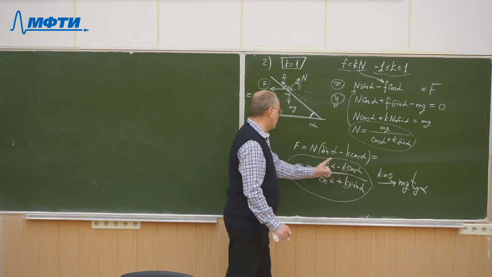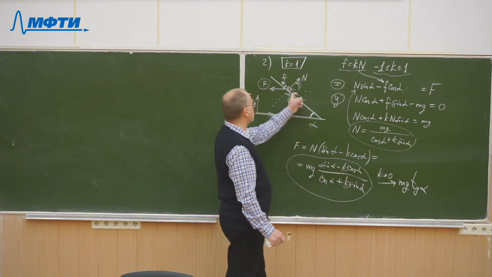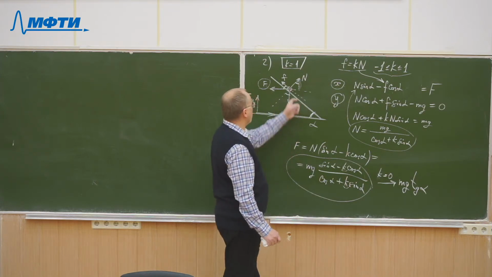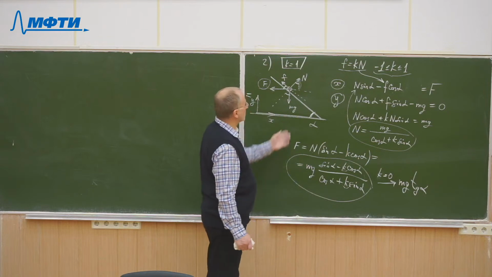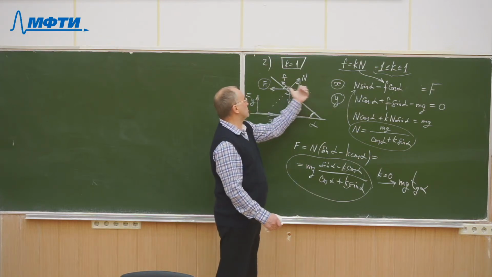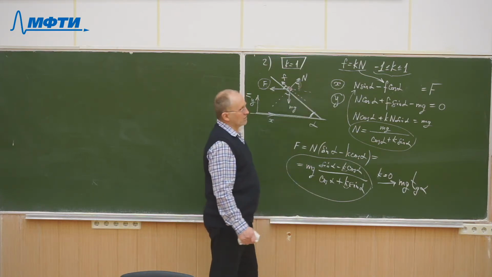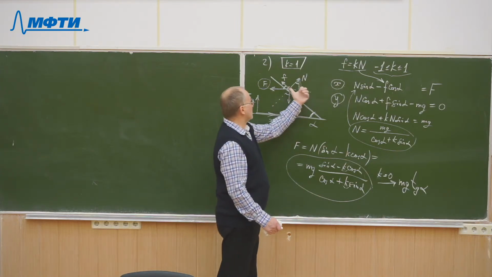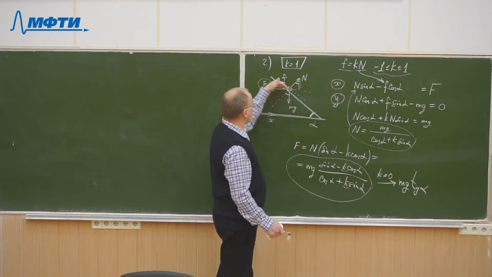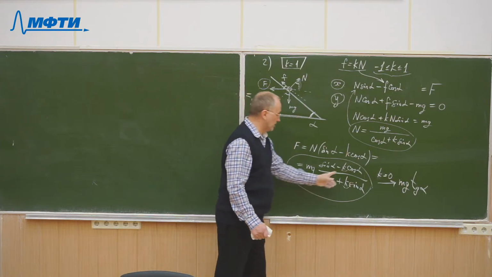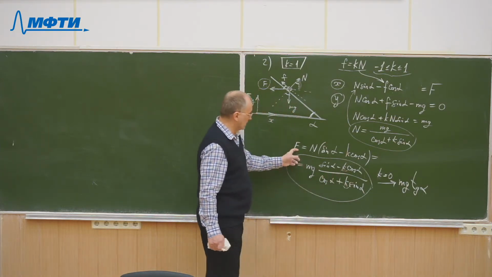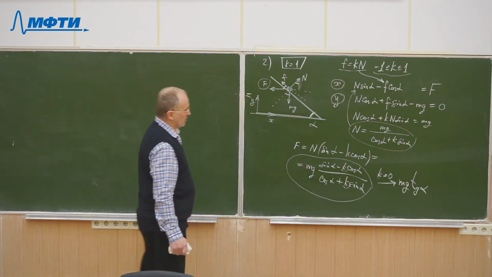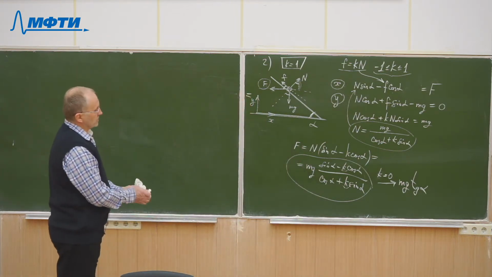The larger the k, the smaller the force applied to the body. That's also quite reasonable, because if the coefficient of friction is growing, then you don't need to support this body with large force. The force may be diminished down to zero if the coefficient of friction is large enough. That's quite reasonable. Everything is good in this formula.